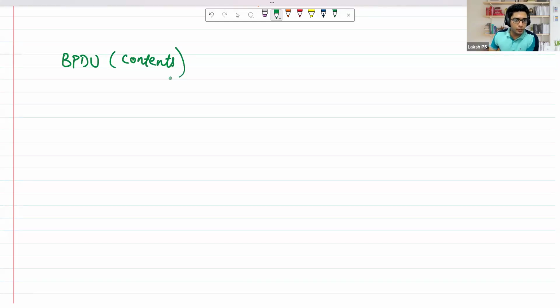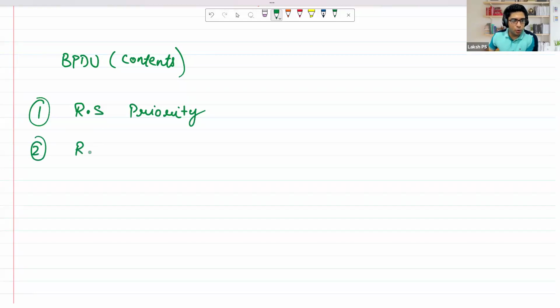The contents inside a BPDU. So the first thing is the root switch priority. What is the priority of the root switch? Second information is the root switch's MAC address. Then the third information is its own priority.